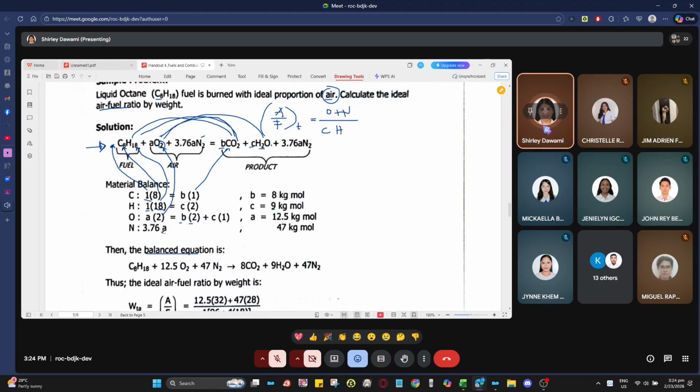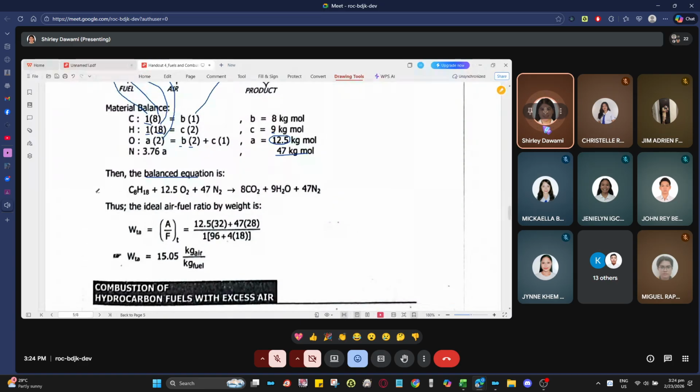Then for N, it is 3.76 times A, which is 12.5 times 3.76, so that is 47. This is the number of moles for nitrogen. So we now have a balanced equation.